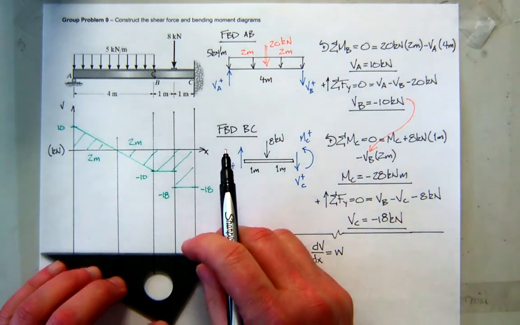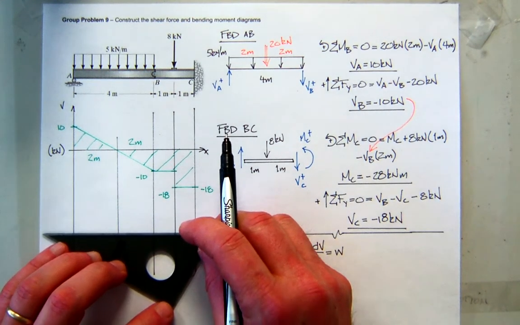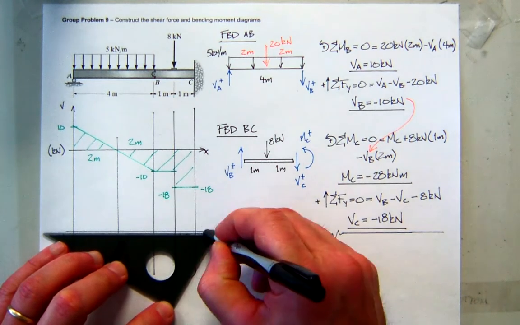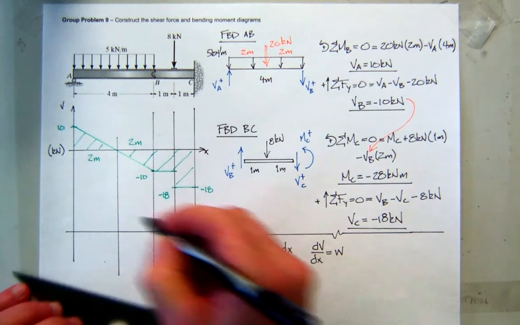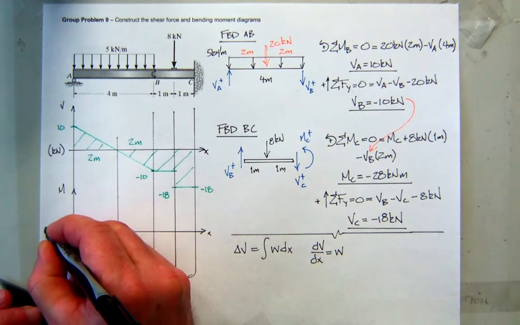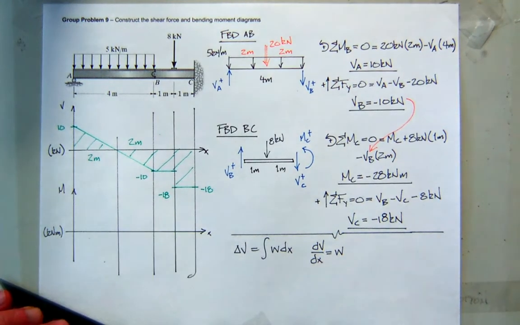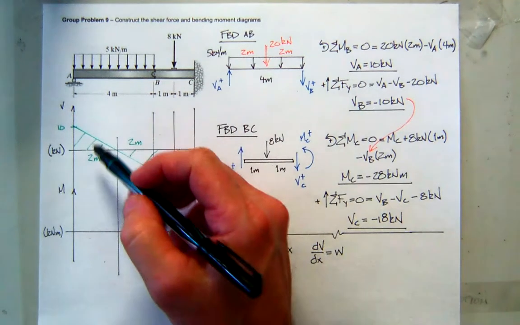So now I have all the pieces I need to draw the moment diagram. So I'll now assume a positive axis for moment. All these values will be kilonewton meter. And let's put in what we know about bending moment.